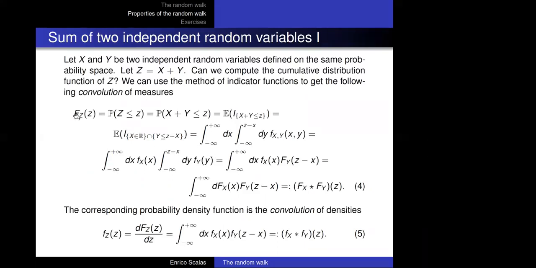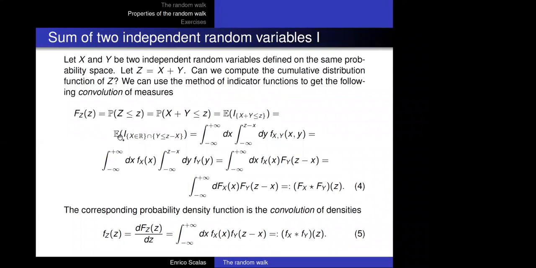Yeah, I mean, there are different ways of getting this result, but this is one. You look for the cumulative distribution function. This means the probability of x plus y being smaller or equal than z, and then you use a relationship between probabilities and indicator functions. So the expectation of an indicator function of a set is the probability of the set.